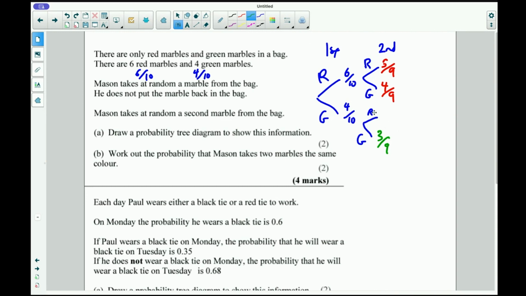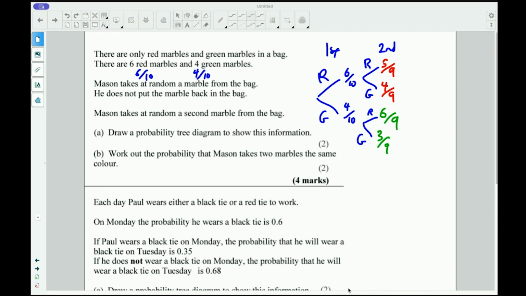And then for the red, because we didn't pick red the first time, we still have 6 reds, but now we're picking out of 9 altogether. Are we all feeling okay about that idea of subtracting from the numerator and the denominator if we need to? Just taking one down each time, depending on if we picked it or not. So that's what our probability tree is going to look like.